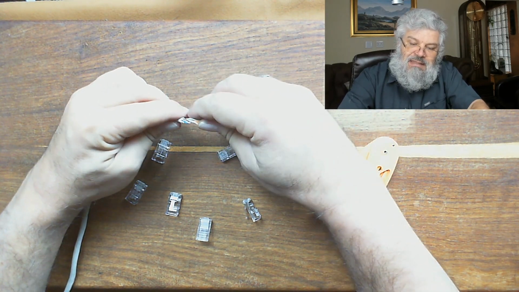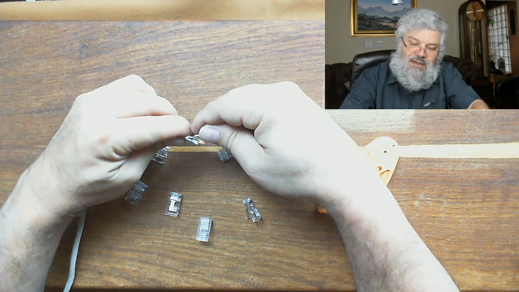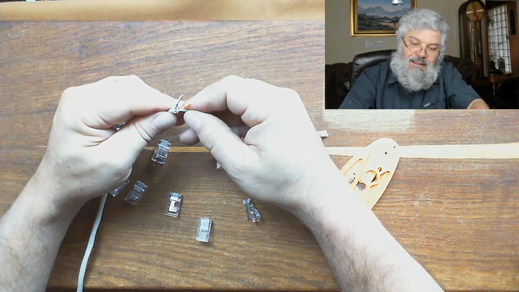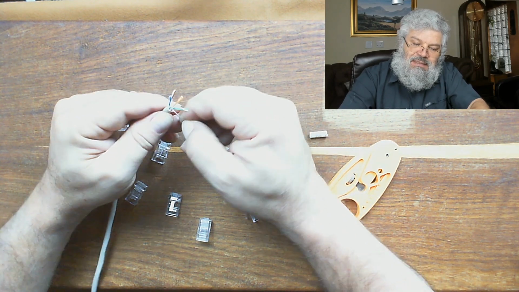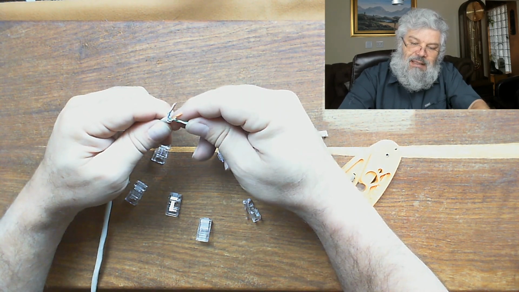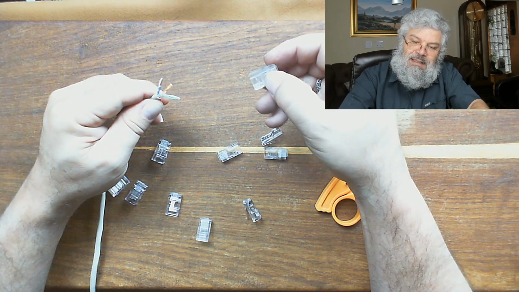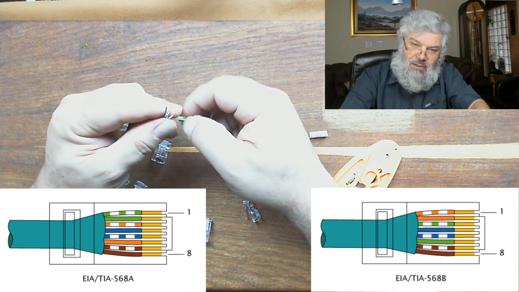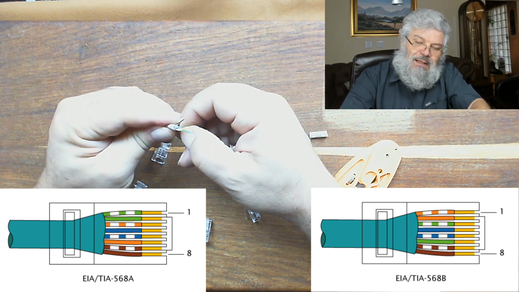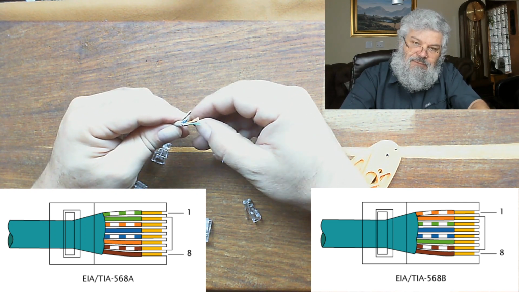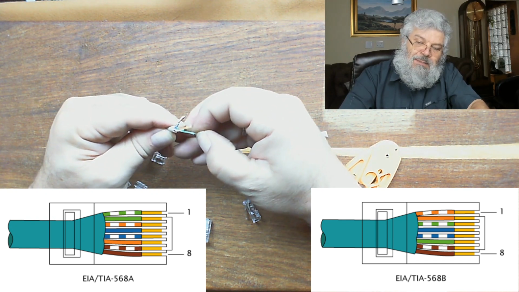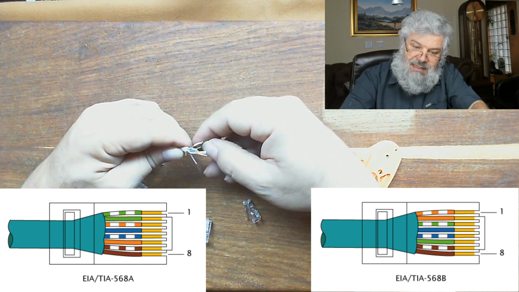You again see these twisted pairs that we've encountered previously, and we're going to untangle them, and they need to be inserted into this plug in the correct sequence. There are two standards that are in popular use. Both are the T568 standard, but then there's an A or a B suffix.